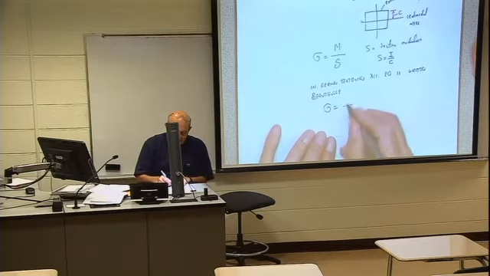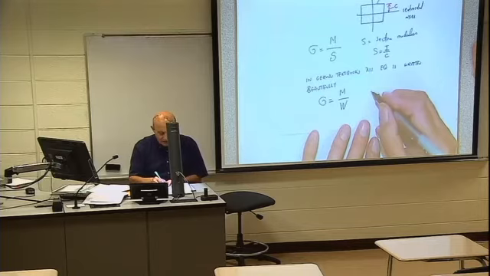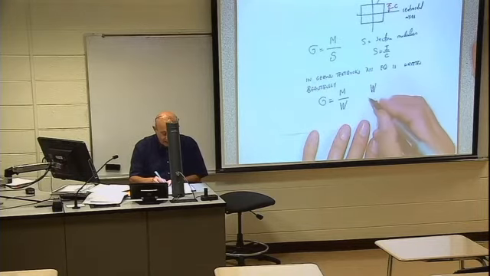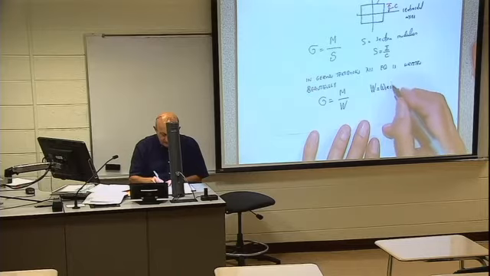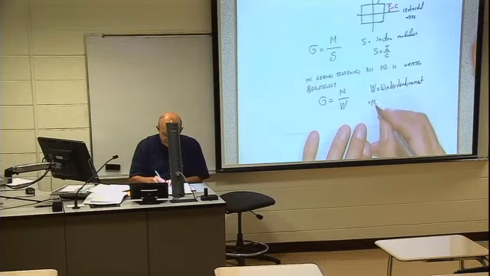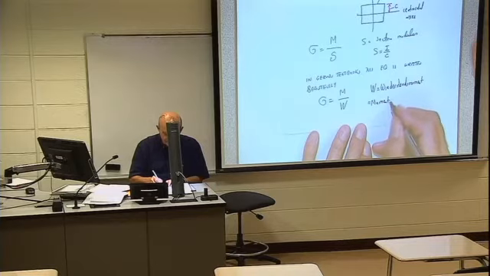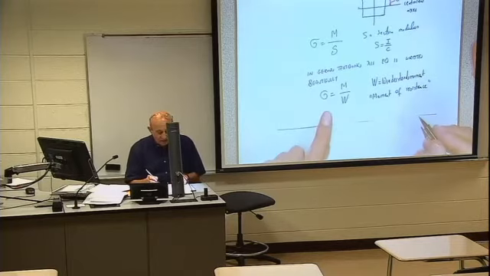Sigma equals M divided by W. So their section modulus, W is section modulus, but they call it Widerstandsmoment. That is moment of resistance. Why do I call it beautiful?